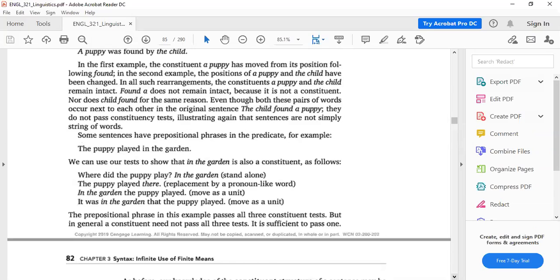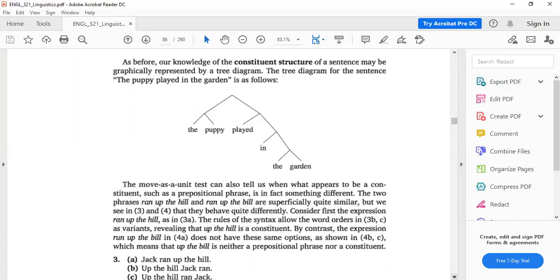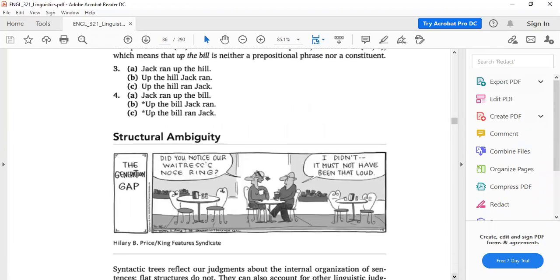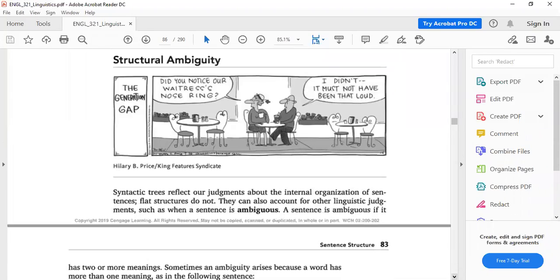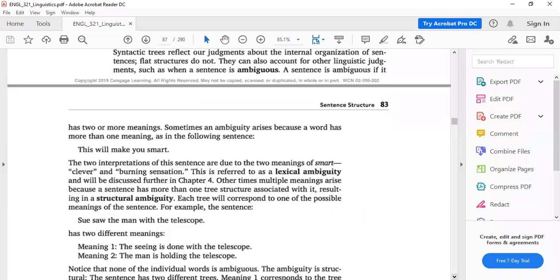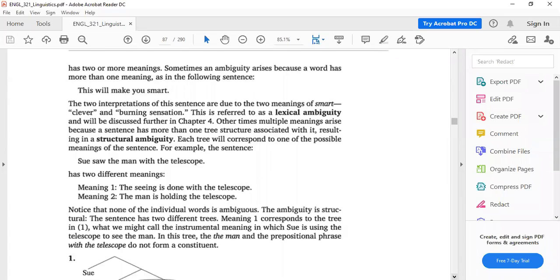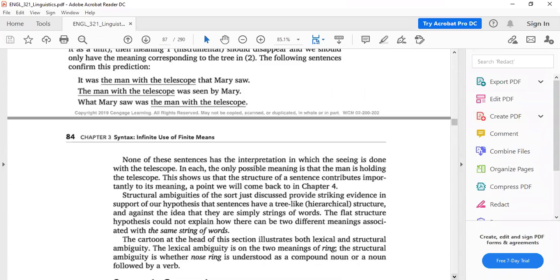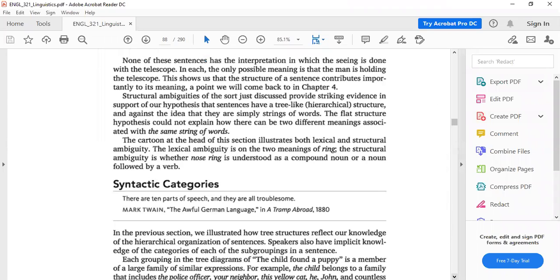And then after Rania, I think we have Aya. What's your part? The structural ambiguity? Pages 83 to 85, structural ambiguity, right? And syntactic categories.